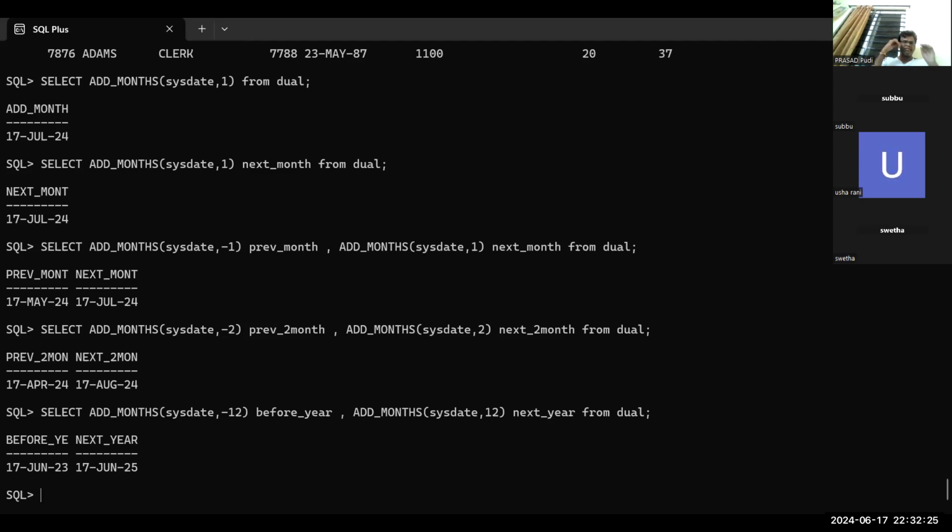Like this, we can add however many months we want by using add months.